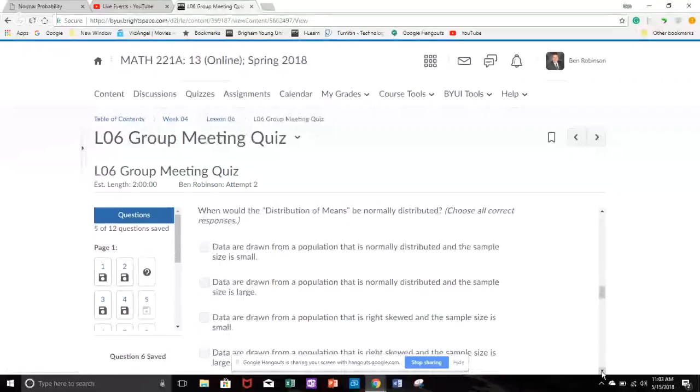Okay, when would the distribution of means be normally distributed? Choose all correct responses. That are drawn from a population that is normally distributed and the sample size is small. That are drawn from a population that is normally distributed and the sample size is large. That is drawn from a population that is right skewed and the sample size is small.